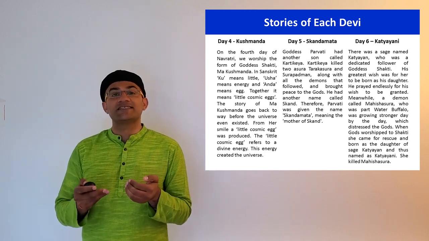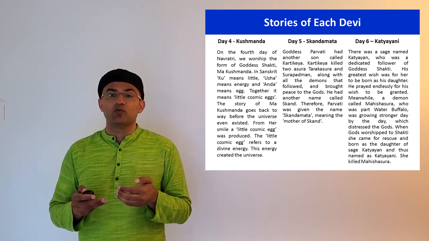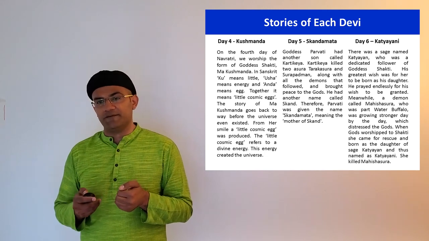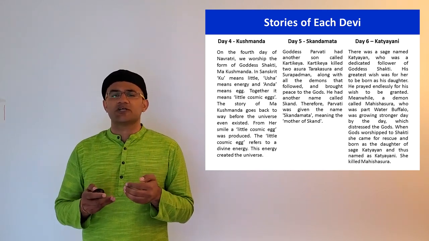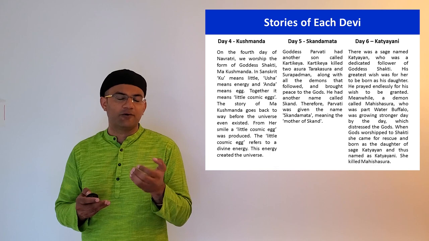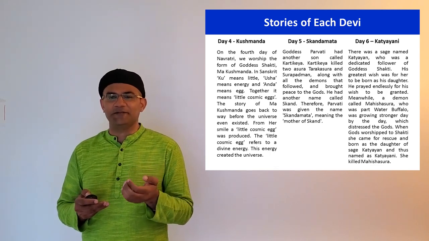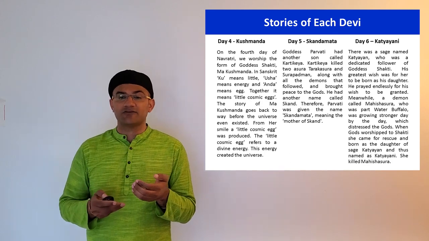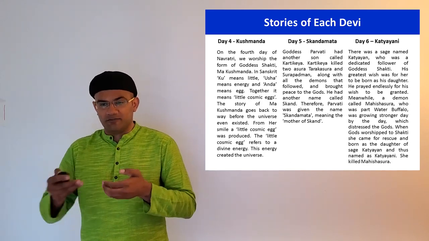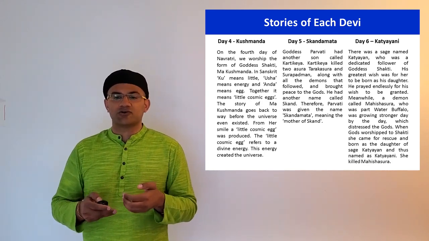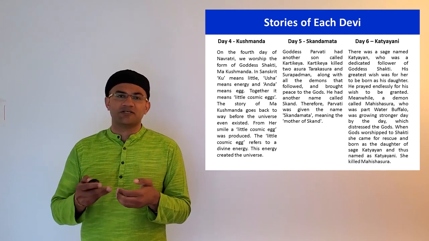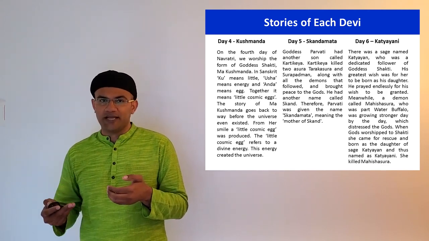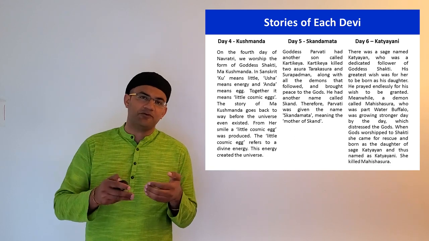On day 6, we pray to Katyayini. There was a sage named Katyayan who was a dedicated follower of Shakti. His greatest wish was to see a daughter in his family, for her to be born. Meanwhile, the demon called Mahisasura, who was part buffalo, was growing stronger by the day. Because of this distress, the devas prayed, and then Shakti came into form.